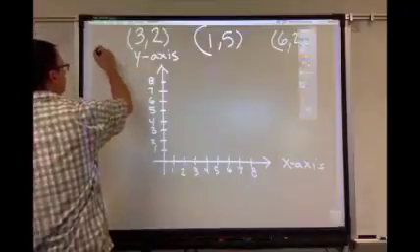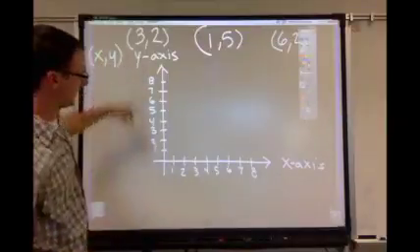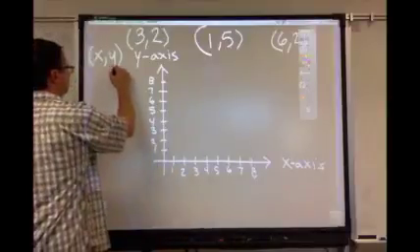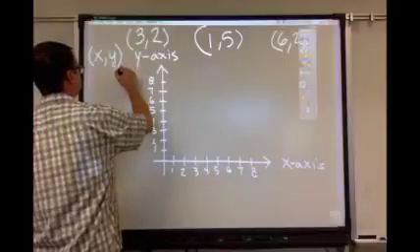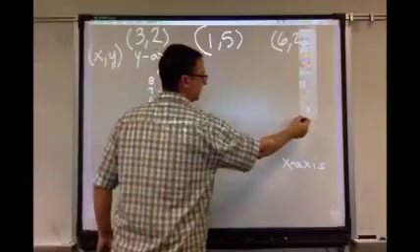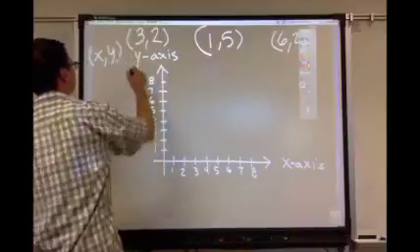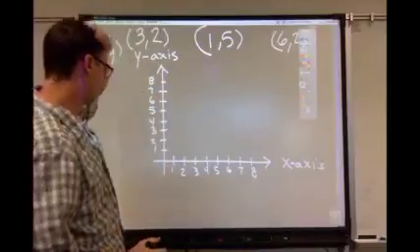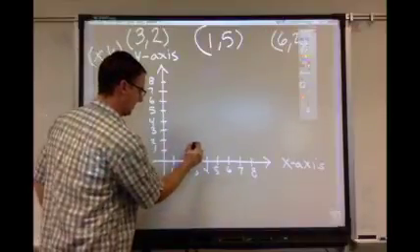Don't forget, this is also known as x, y. So we always do the x first. Okay, x, y. We always do the x, 3, and then we will go up to 2, and we will plot our point.